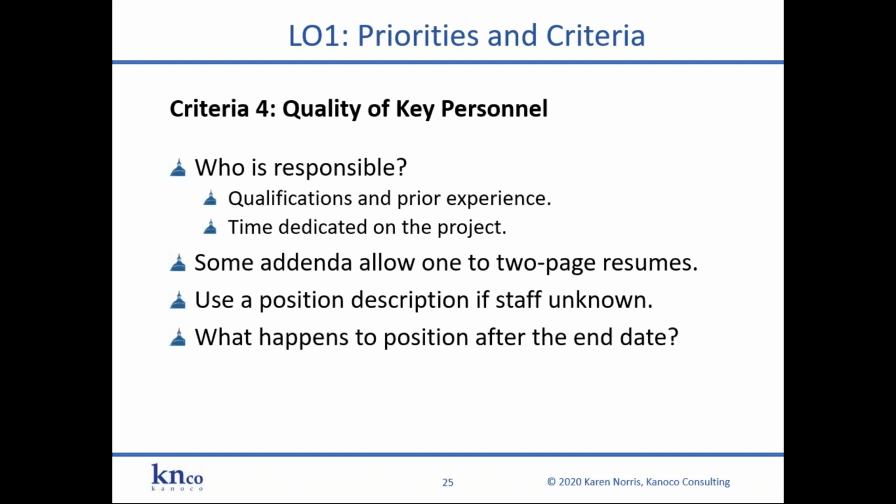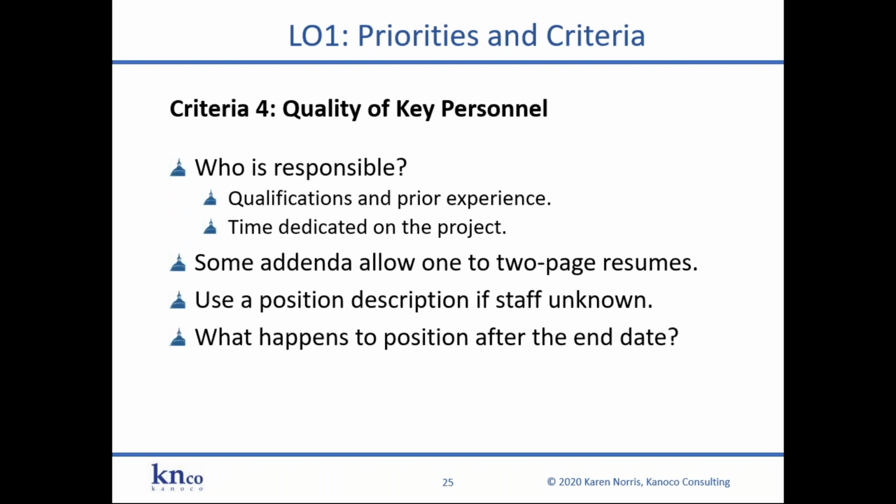And then some addenda, some attachments that are allowed in these grant proposals, they allow you to provide a resume or a CV of key personnel, the project director, the co-director, maybe a particular trainer. Don't overdo it. Limit it to 1 to 2 pages.